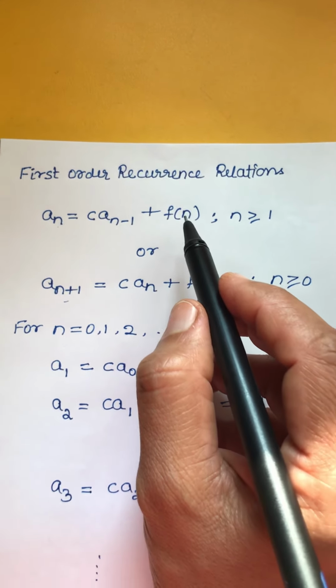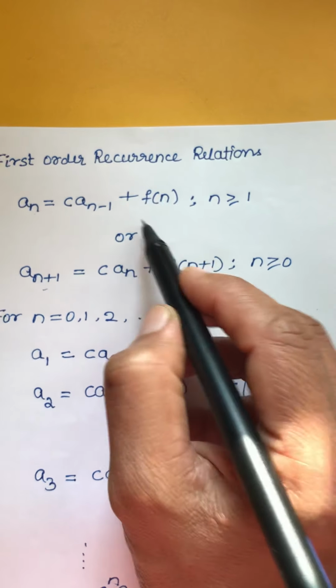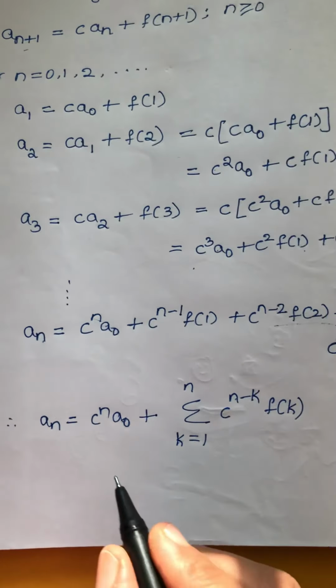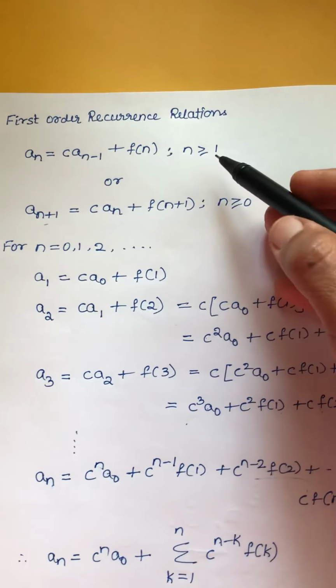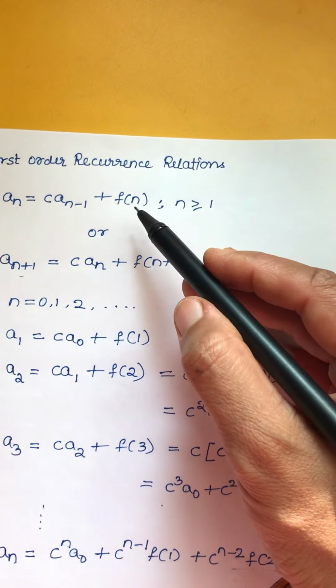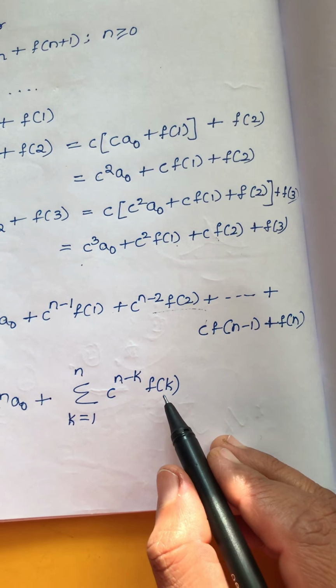Now suppose the equation is homogeneous, so f(n) will be 0. What will be the solution? For the first order recurrence relation, this is the solution. If it is homogeneous, then f(n) is 0, so f(k) will be 0 too.